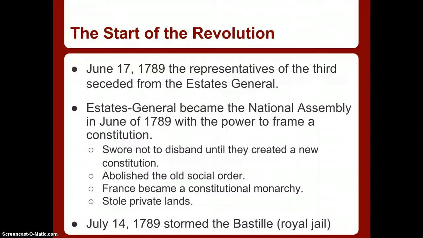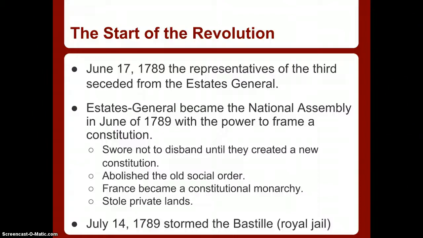And they wanted to really develop a constitution. So they swore in this meeting that they were not going to disband until a new constitution was created. They also wanted to abolish the old social order and fight for France becoming a constitutional monarchy, and using some of the private lands more so for the overall majority of the people.